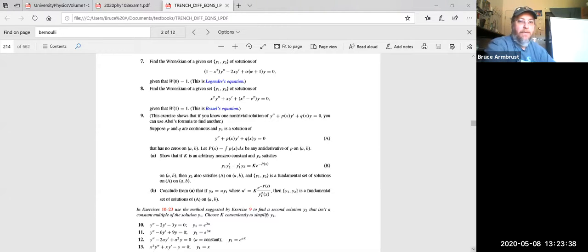So then let P of X, big P, be the integral of little p. So show that if K is an arbitrary non-zero constant and Y2 satisfies this thing, then Y2 satisfies the original differential equation, and Y1 and Y2 form a fundamental set.